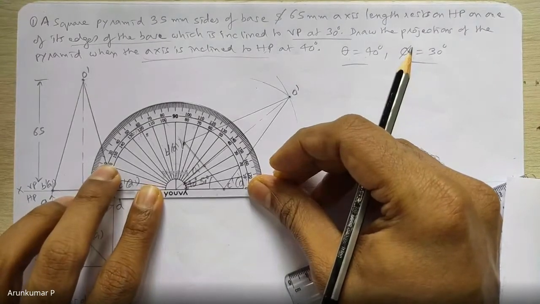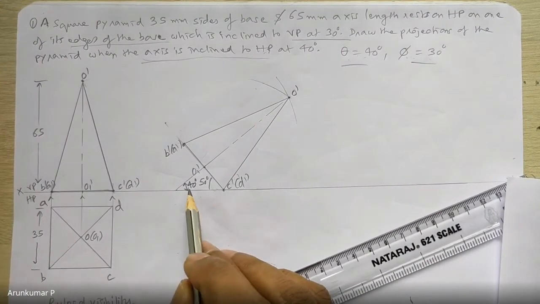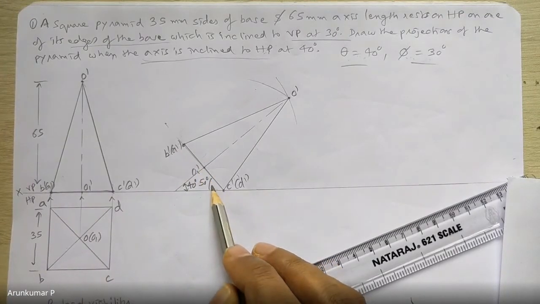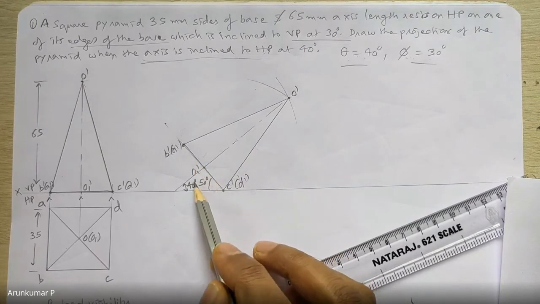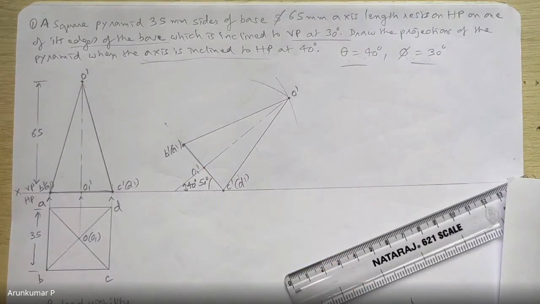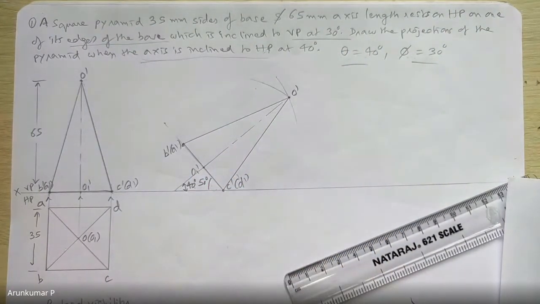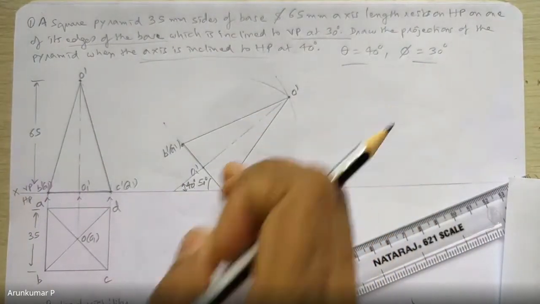Yes, it will be 40 degrees. So this is how, if you incline the base by 50 degrees, automatically the axis which is perpendicular to the base will be inclined at 40 degrees. Is this step understood? This is very important. Almost all your problems will be having the second step front view like this.